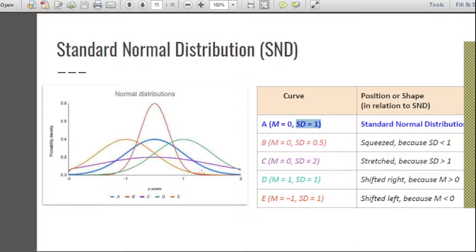It will be at least less than 1 because the variability is less. That's what I was saying: any distribution which has a width lesser than blue would have a standard deviation less than 1. Okay? Got it?